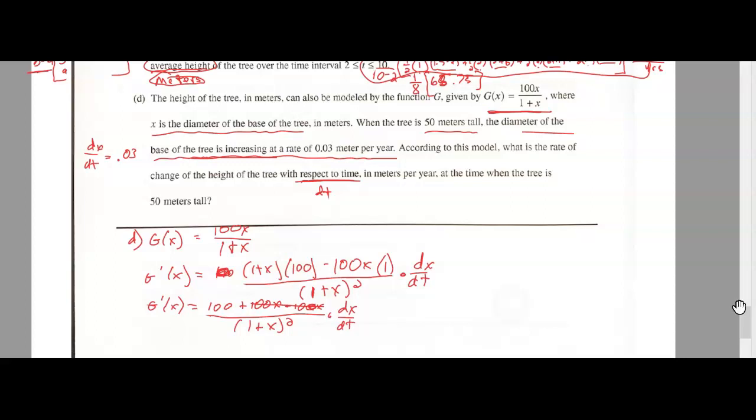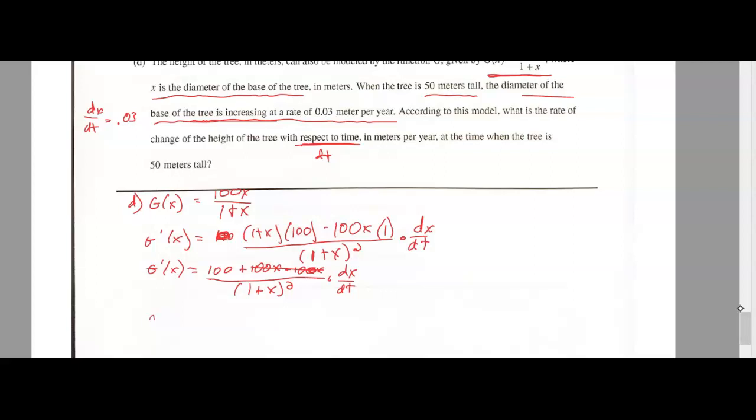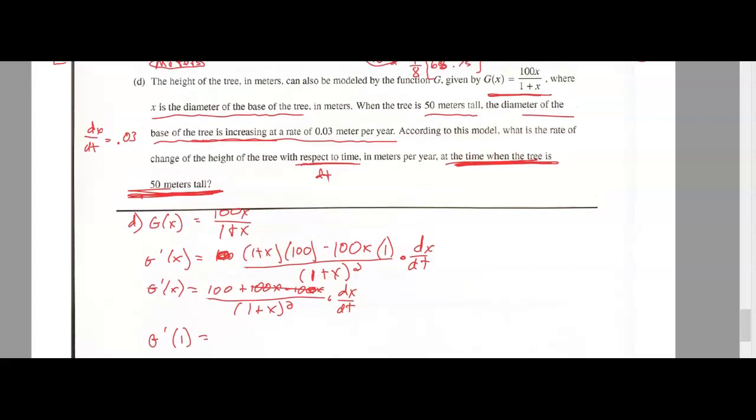And then now, move this up just a bit, we're trying to figure out what happens at an x value of, a little careful here, the x value is going to be 1 because they ask you at the time when the tree is equal to 50. Notice how you're not plugging into t here, you're plugging into x. So back up to the top here.